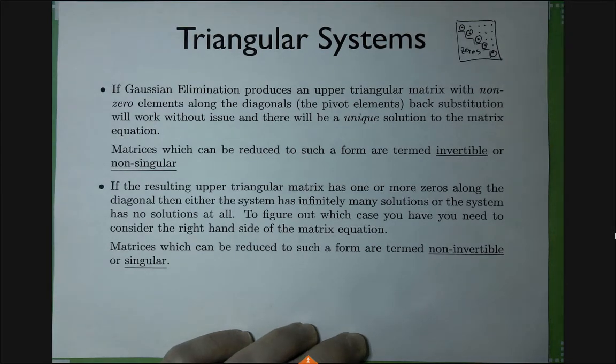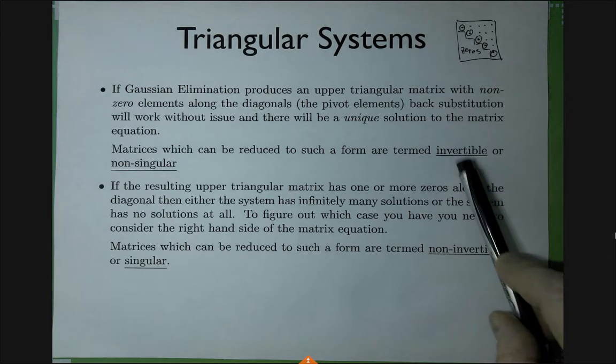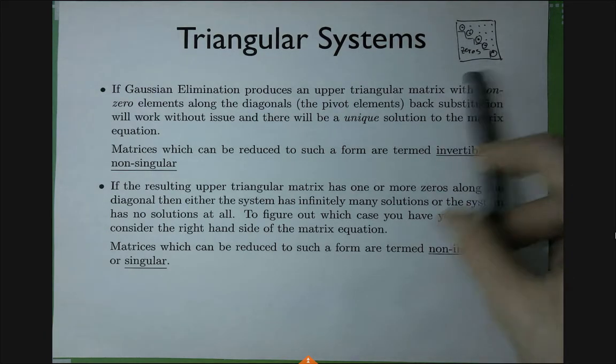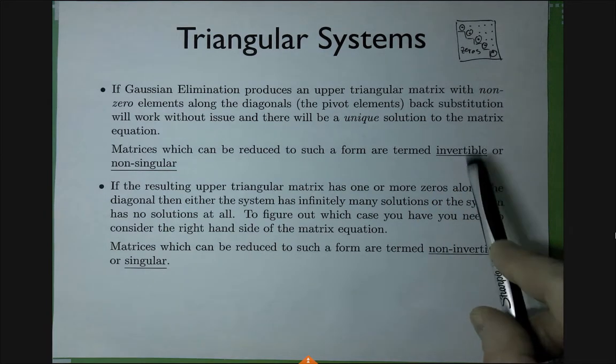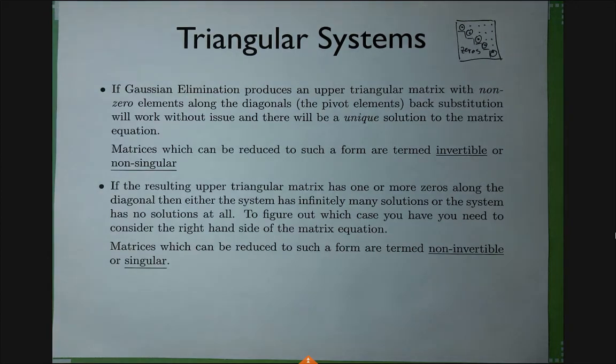If all of them are non-zero, everything is cool. The back substitution works, no problem. You can always compute a unique solution. And the matrices that permit to be transformed by Gaussian elimination to this form are called invertible or non-singular. Okay, is it clear?